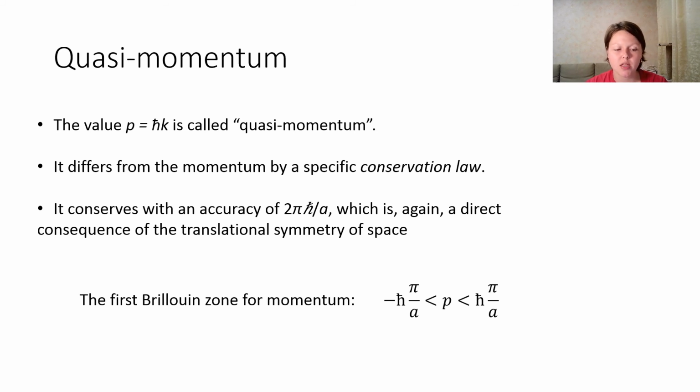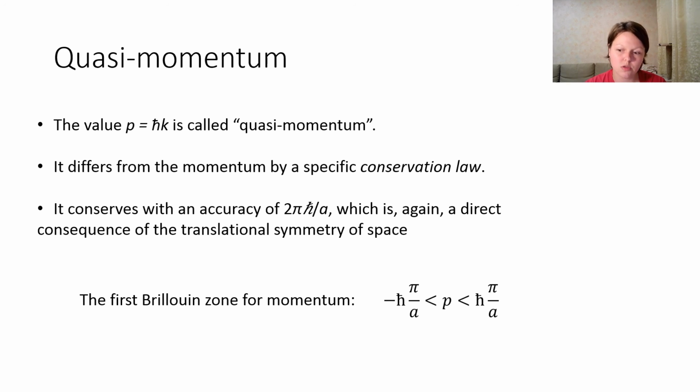It means that in the case of an electron situated in the periodic potential, the momentum can also be presented as some periodic function, which means the translational symmetry of the space, for example, the crystal lattice, where the electron is situated.